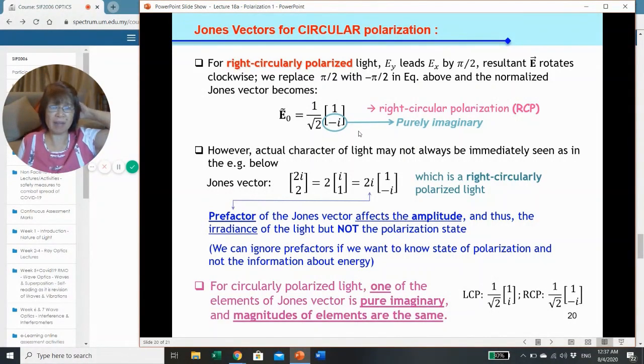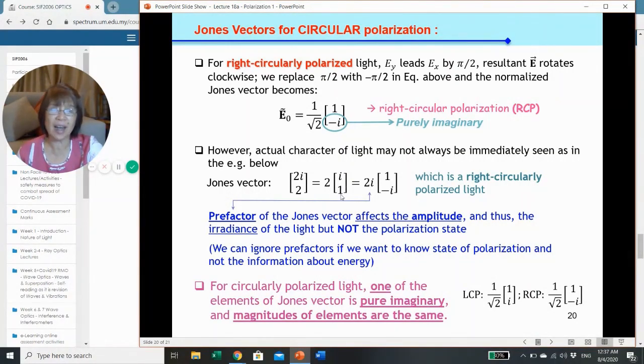But the actual character of the light may not immediately be clear unless we do some mathematical manipulation to get whatever is written in the bracket into a form that we can recognize. For example, we have 2i over 2. Bring out the 2 factor. We have i on top and 1 at the bottom. That's not the form that we want.